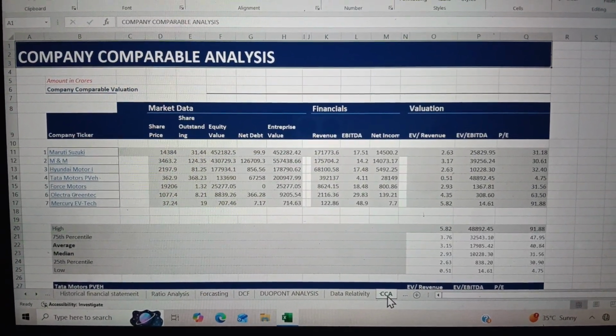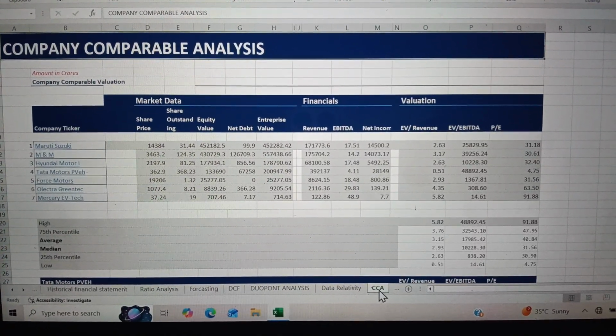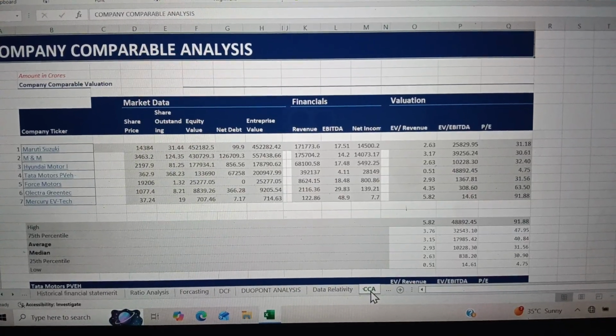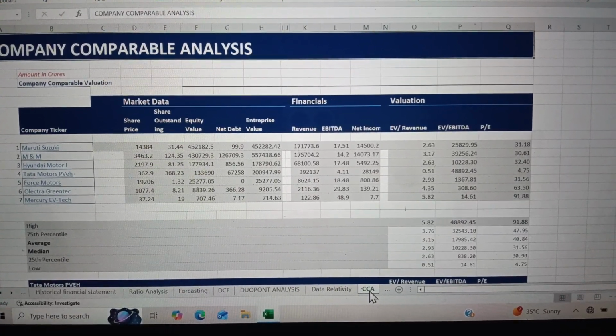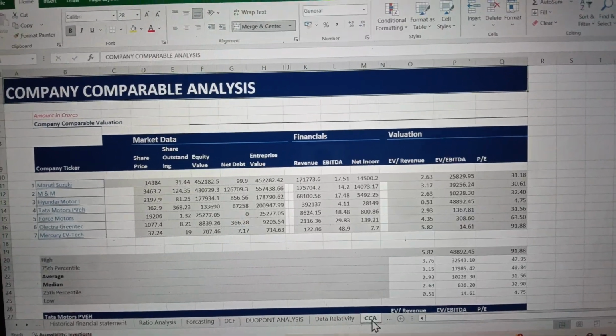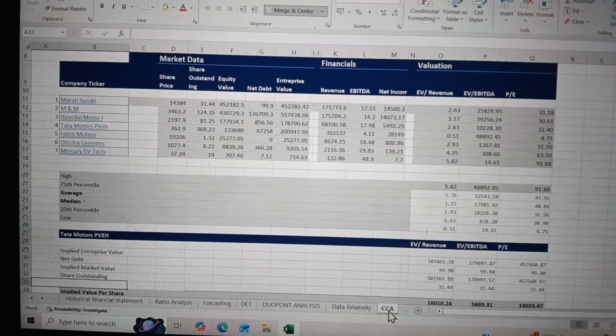Here we compare the share price with the outstanding shares and the equity value, net debt, and enterprise value. We can also calculate the percentile, average, median, mode, highest, low.